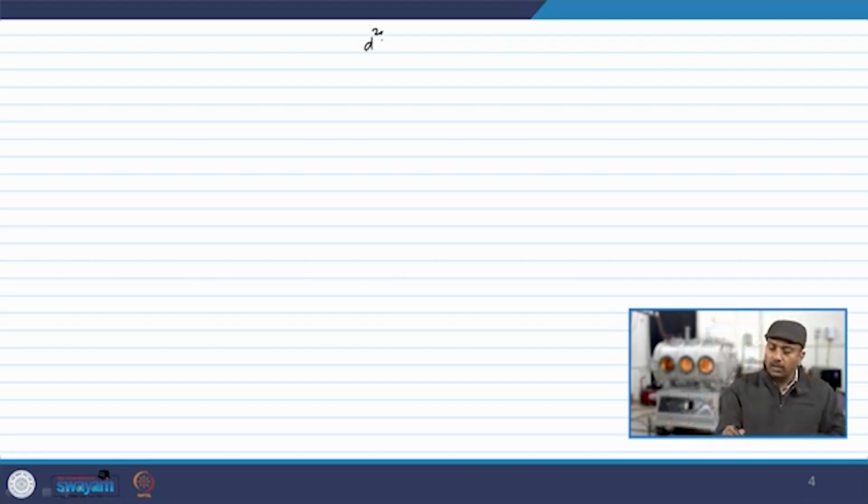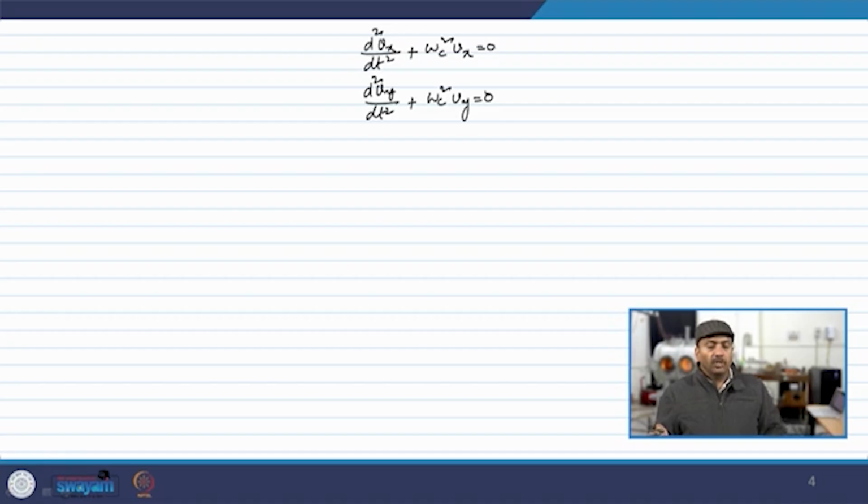d square Vx by dt square plus omega c square Vx is equal to 0, and d square Vy by dt square plus omega c square Vy is equal to 0. Now, at this point, the perpendicular components of the velocity, Vx and Vy, are executing a circular motion.